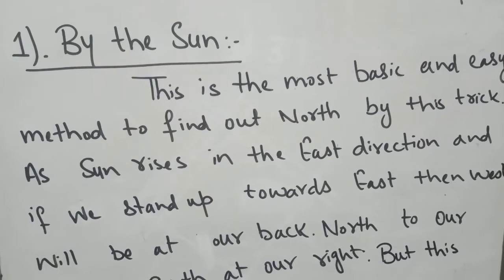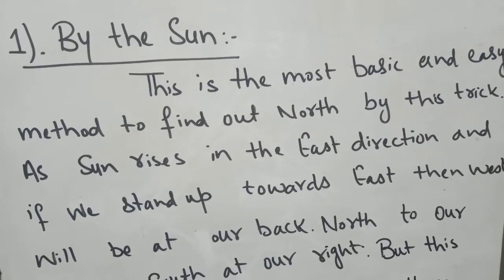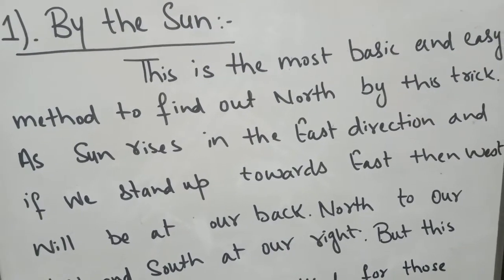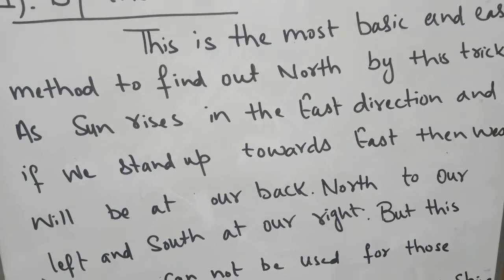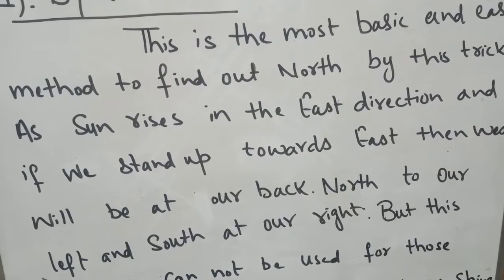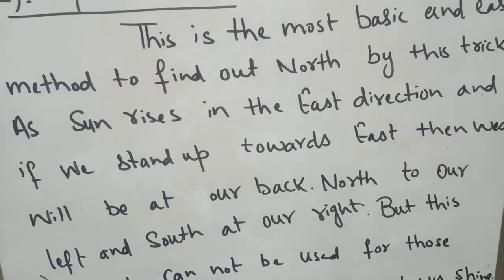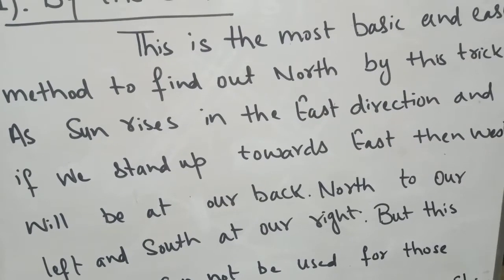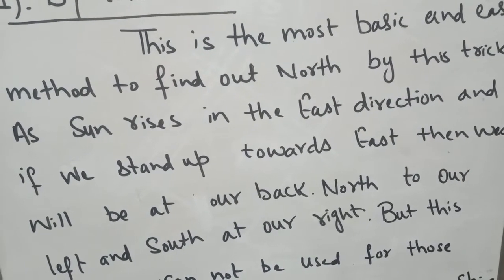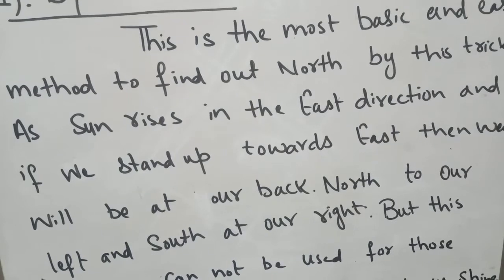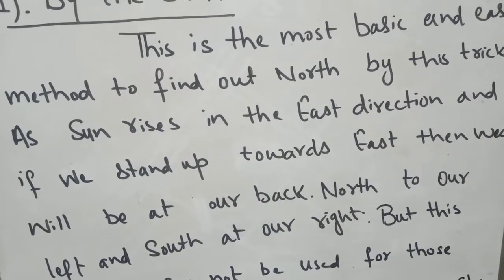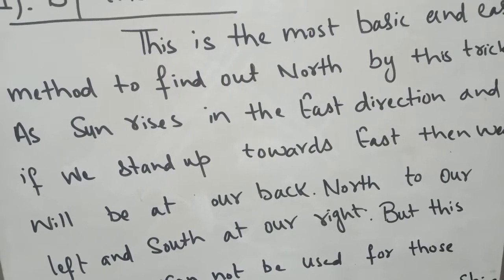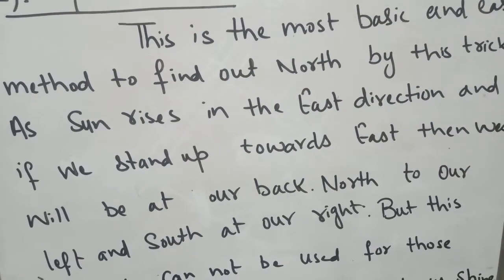With reference to the east and west, the north of your place will be on the left side, and the south will be on your right. This method is very easy once you know where the sun is rising from. You can easily calculate where the east, west, north, and south are located.